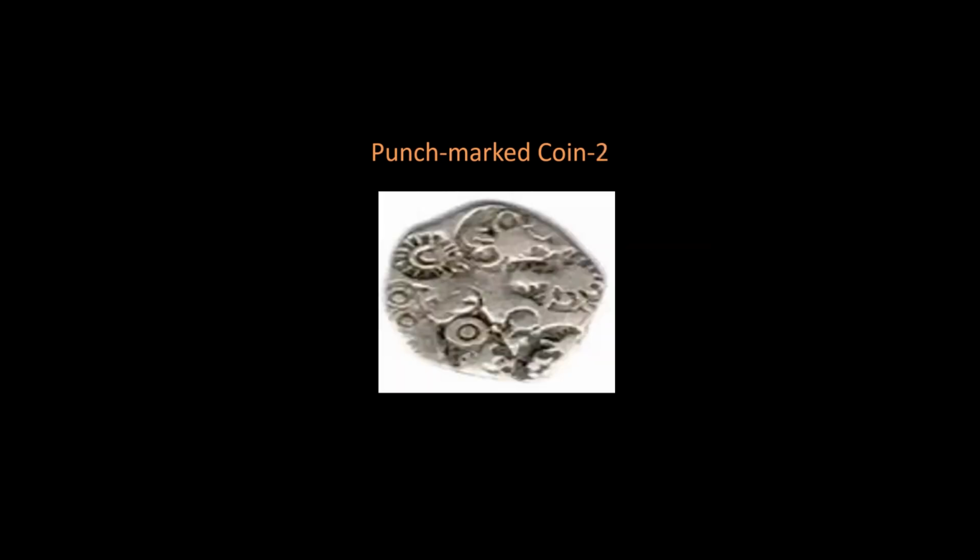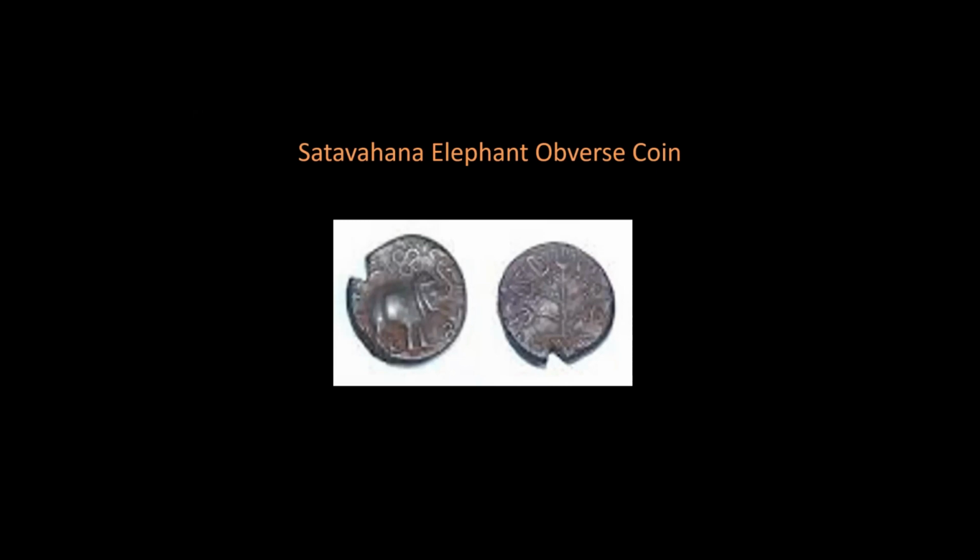Parts of the figures went out of the flan, out of the coin canvas itself. Another punch-marked coin, a Satavahana coin. Satavahana coins are slightly more developed. They began issuing coins in all three techniques: punch marking, die striking, and casting, but much of it is die struck or cast.